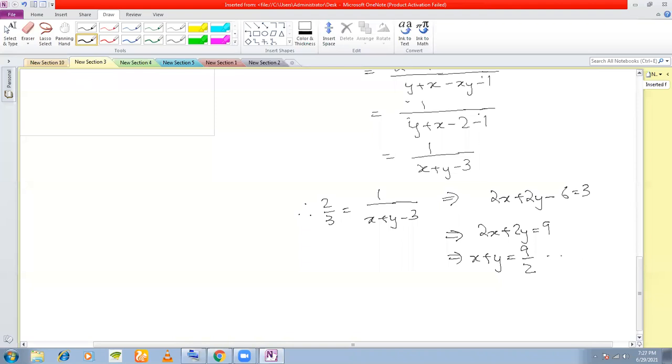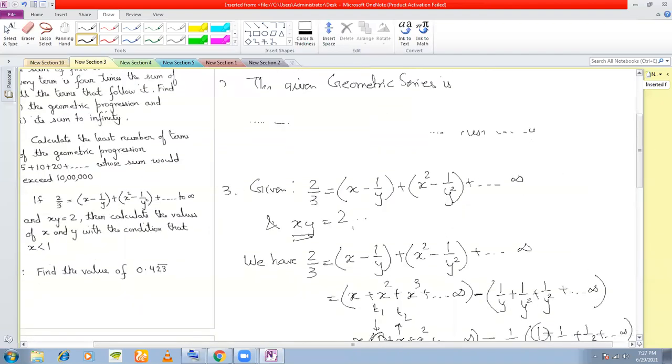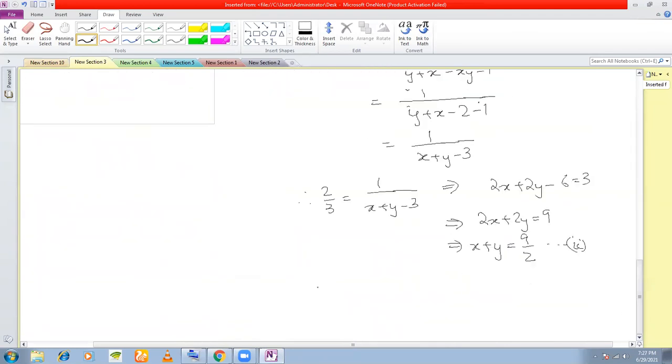Let us call this equation number 2, and let us call the earlier one equation number 1. Now we will solve 1 and 2. So solving xy is equal to 2 and x plus y is equal to 9 by 2. How do we solve?